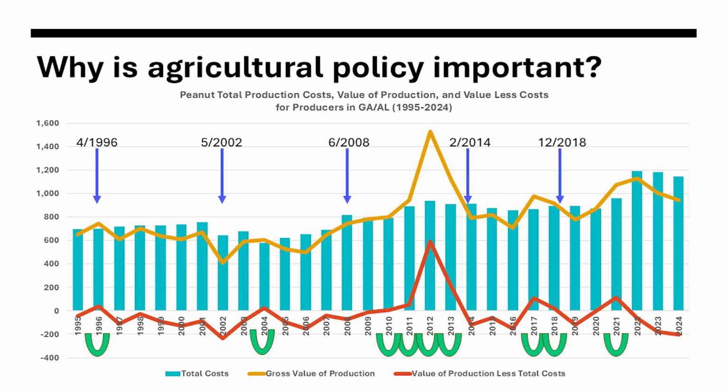You can count those. There's about 8 times over the last 3 decades where that happened. At the top, I have dates of when farm bills were signed into law, just so you can have an idea of when those were occurring: 1996, 2002, 2008, 2014, and 2018, and kind of the time of year when that happened.